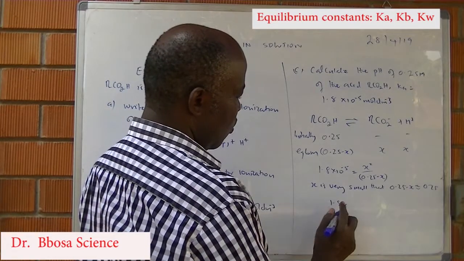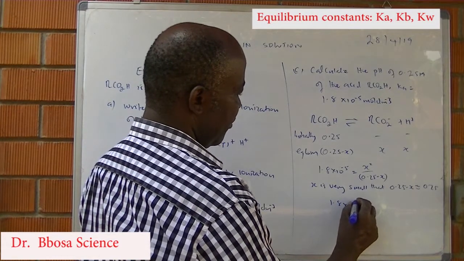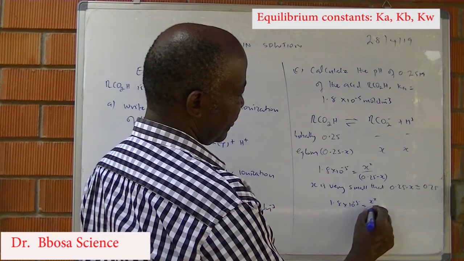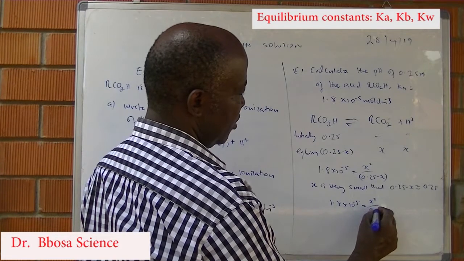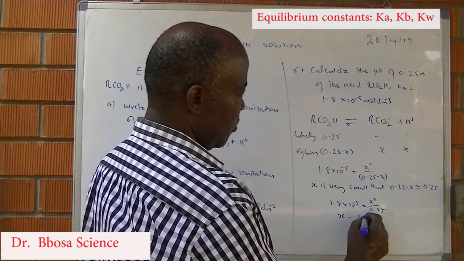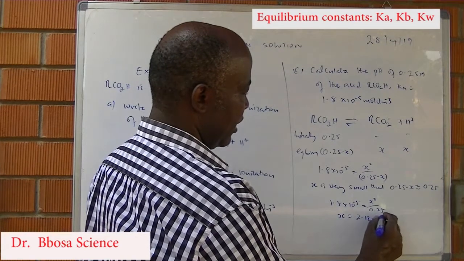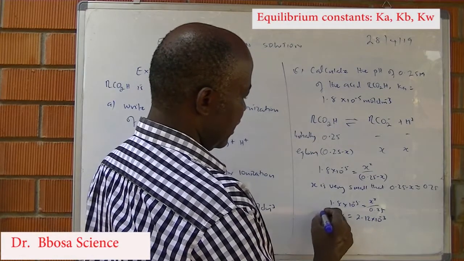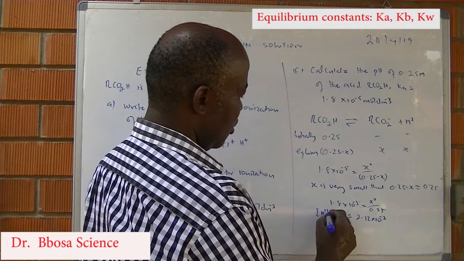Thus, 1.8 times 10 to the power negative 5 will be equal to X squared over 0.25. X is equal to 2.12 times 10 to the power negative 3, and this X is the same as the hydrogen ion concentration.